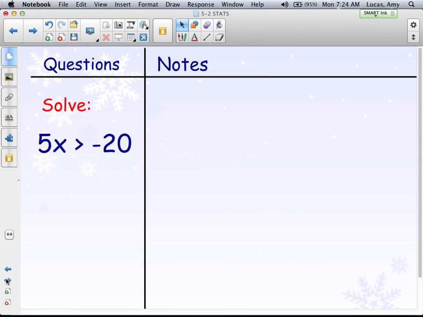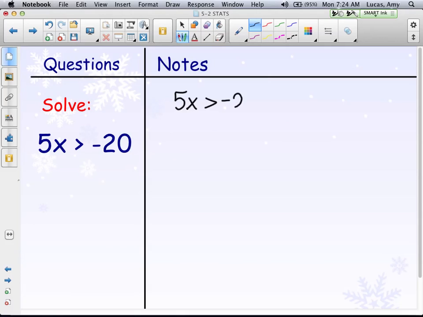Our first example says 5x is greater than negative 20. The action step to solve this inequality is just one step. My action step to get the x alone will be to divide by 5. So the result would be x is greater than negative 4.